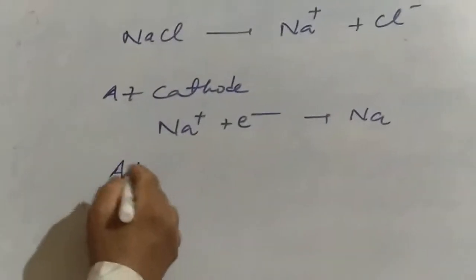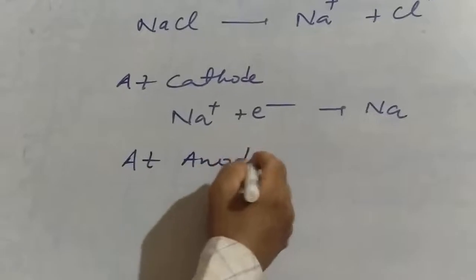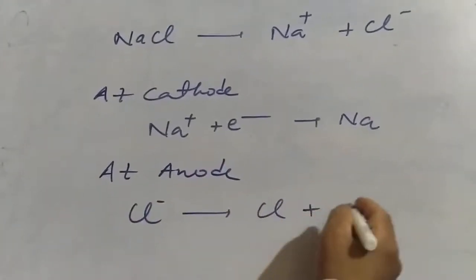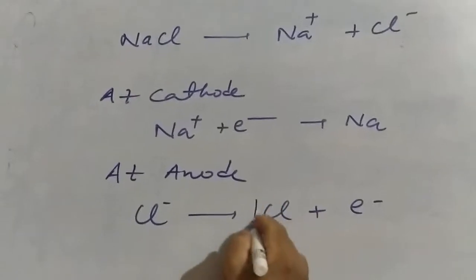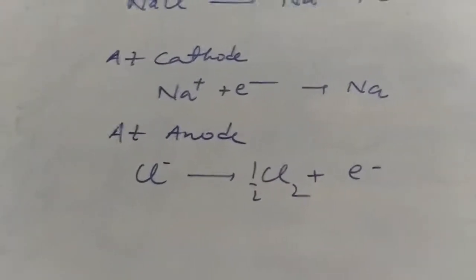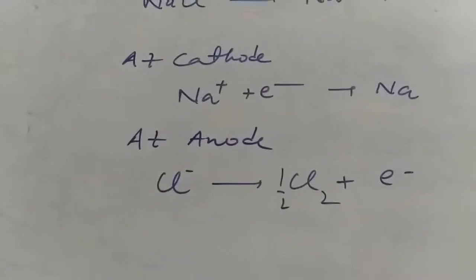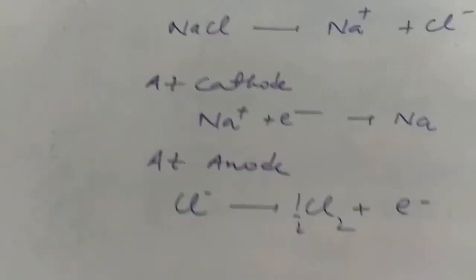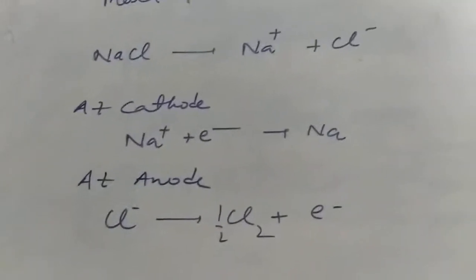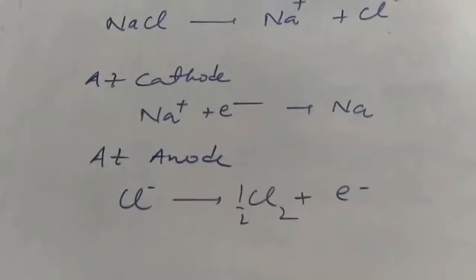Cathode is the place where reduction takes place. Now at the anode, Cl- undergoes oxidation by losing electrons and I obtain chlorine gas. So when you electrolyze molten NaCl, at the cathode you obtain sodium and at the anode you obtain chlorine gas.